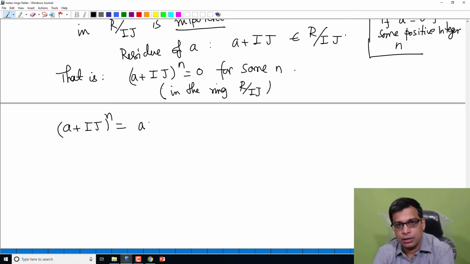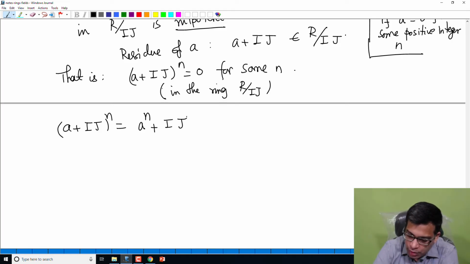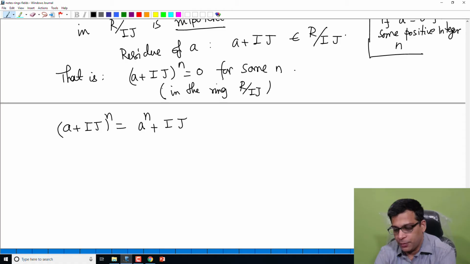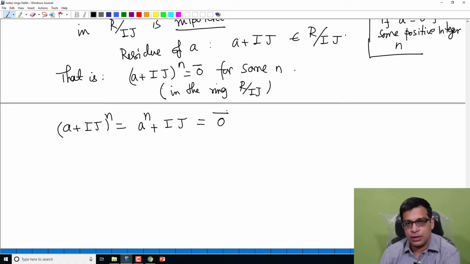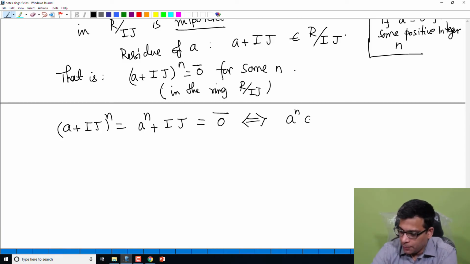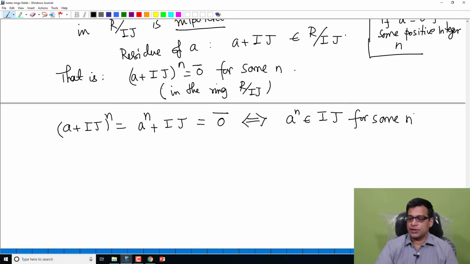Under the definition of multiplication in the quotient ring, this is simply A to the n plus IJ. But let me write 0 bar here, because 0 might be confused with the 0 element of the ring. So 0 bar is the 0 element of the ring R mod IJ. In order for A^n plus IJ to be equal to 0 bar, we want A to the n to be in IJ for some n.